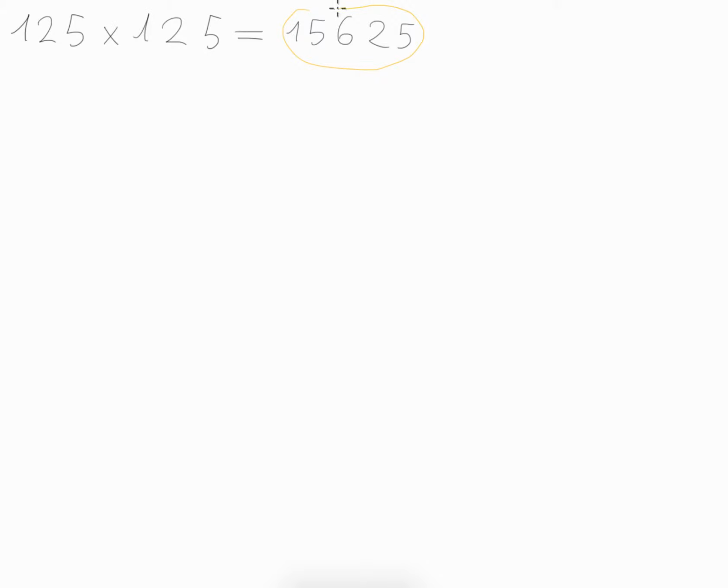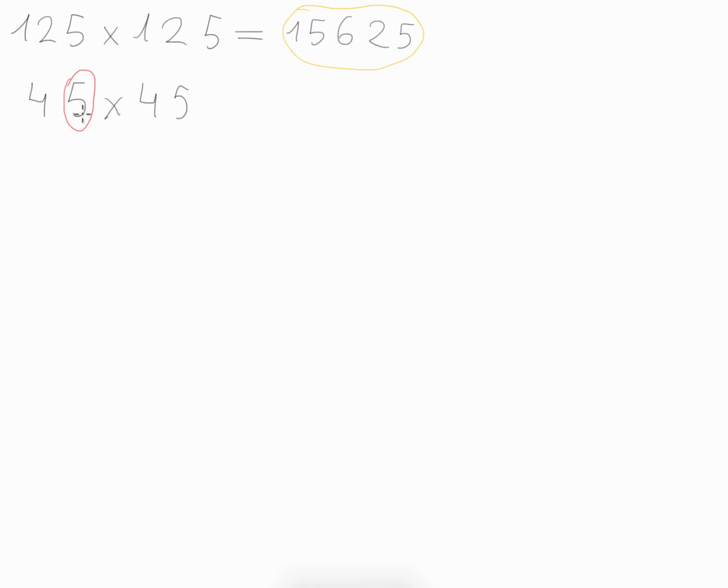So that's the result. And in order to learn the trick, we will take a smaller number, just a 2-digit number. Well, you have to divide the number into 2 parts. One of them is the last digit, which is 5.